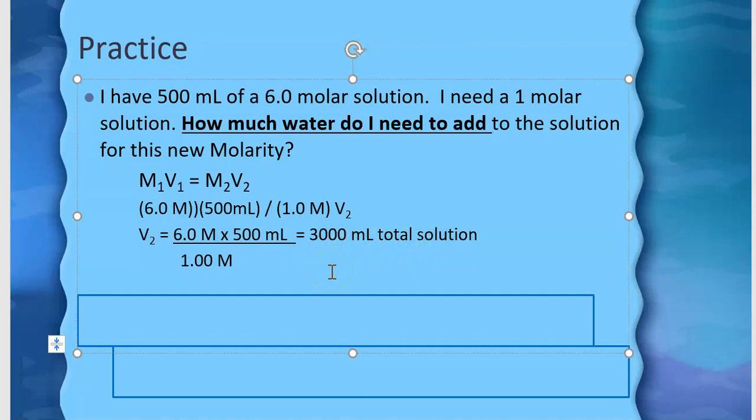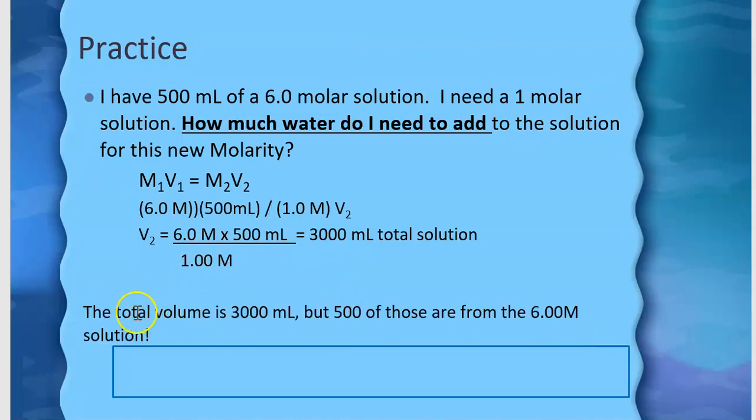And so very often we'll see people write 3,000. But what's going to happen if I add 3,000 milliliters to 500 milliliters of 6 molar solution? The total volume is 3,000 milliliters, but 500 milliliters came from that 6.0 molar solution.